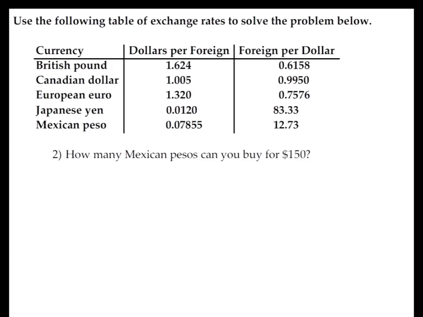The next problem states to use the following table of exchange rates to solve the problem below. So we have a table with currency, dollars per foreign, and foreign per dollar. And the different types of currency are as follows. So we are asked, how many Mexican pesos can you buy for $150?